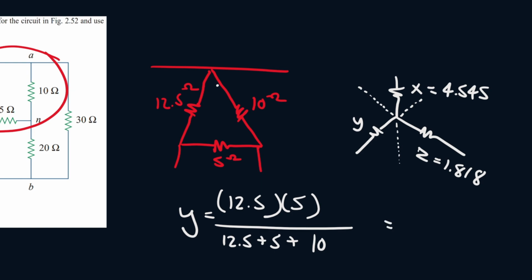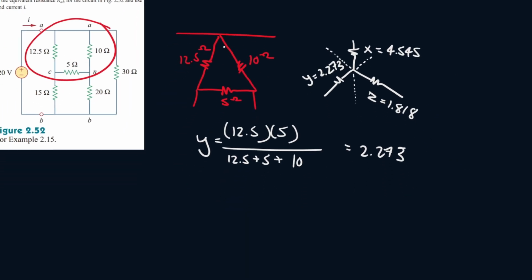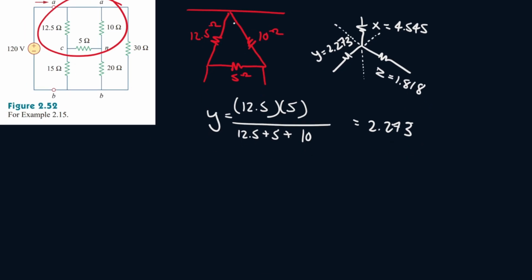And that gives us 2.273. So Y is equal to 2.273 ohms. Now we can redraw the circuit.